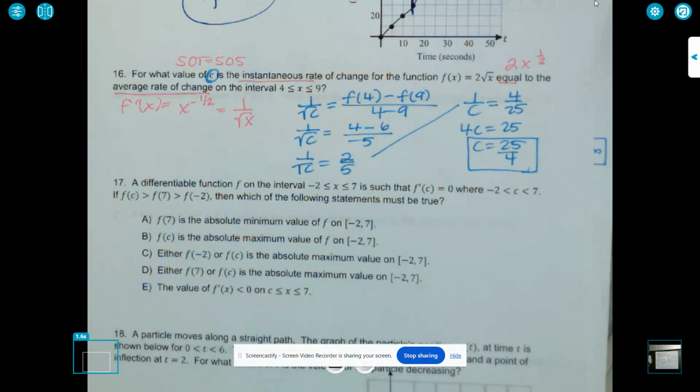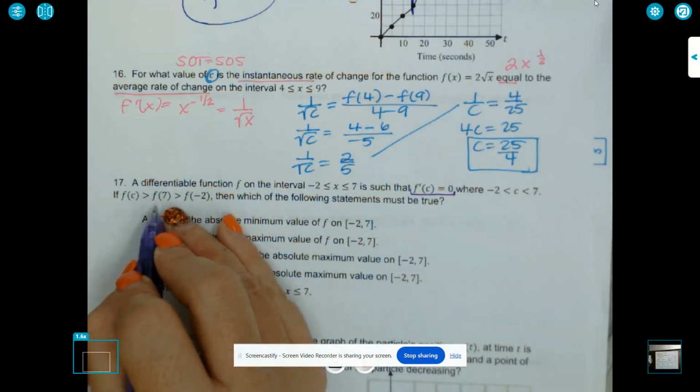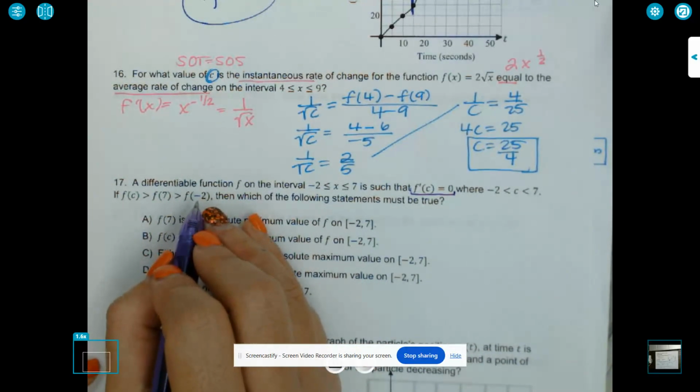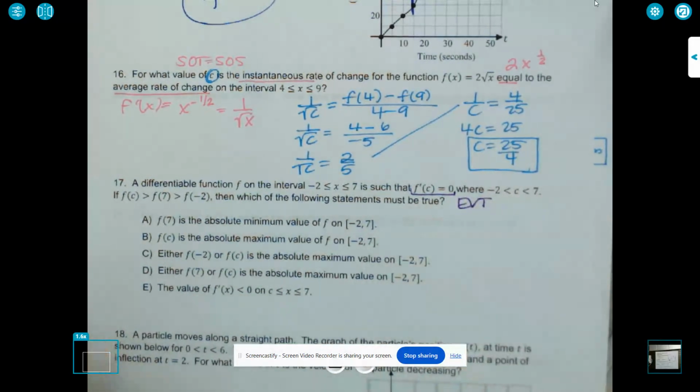Okay, so for 17, the first thing I notice is that f prime of c is equal to 0. And that lets me think Rolle's. But then, right here, we've got f of c is greater than f of 7 is greater than f of -2. So that's going to make me think about our extreme value theorem. Okay? So let's see what we've got here. F of 7 is the absolute minimum value on -2 to 7.